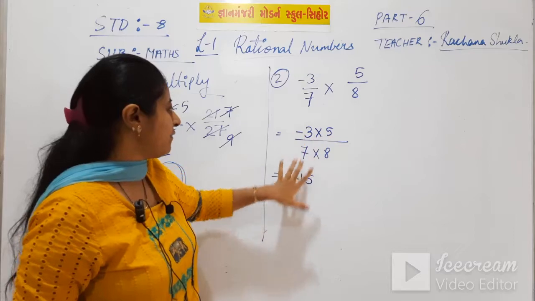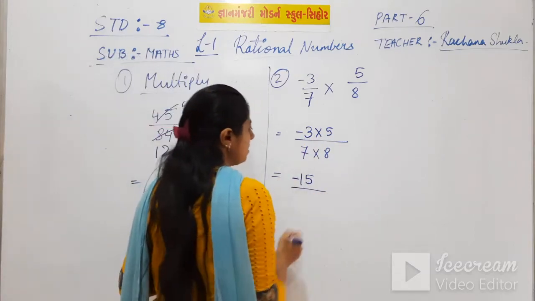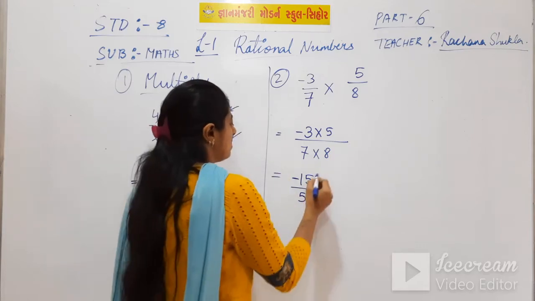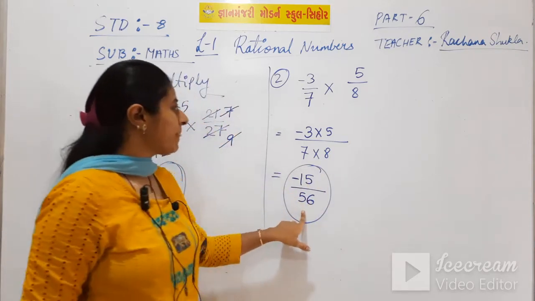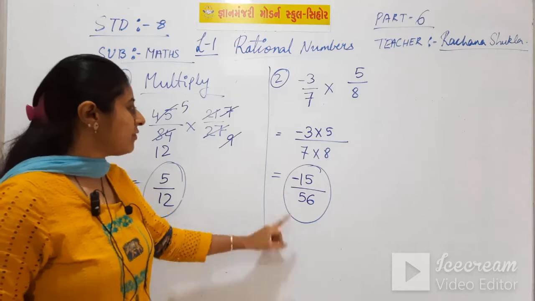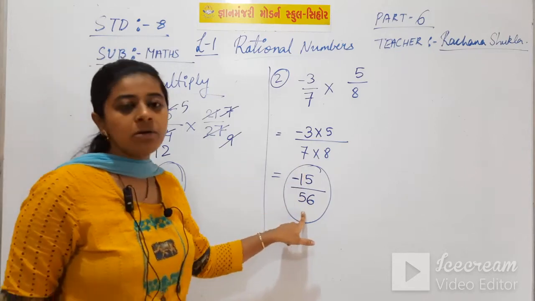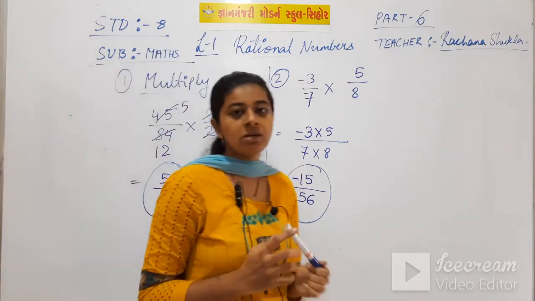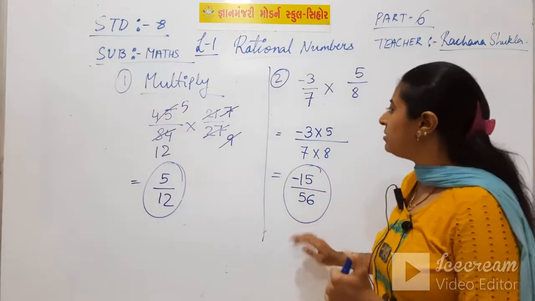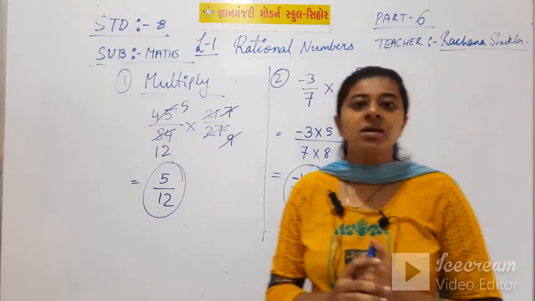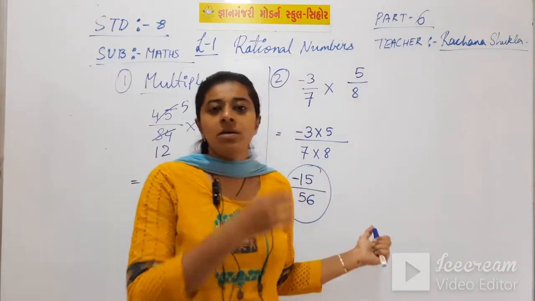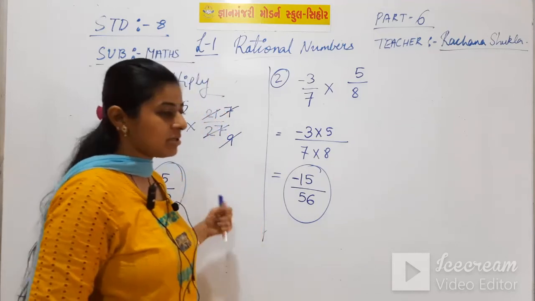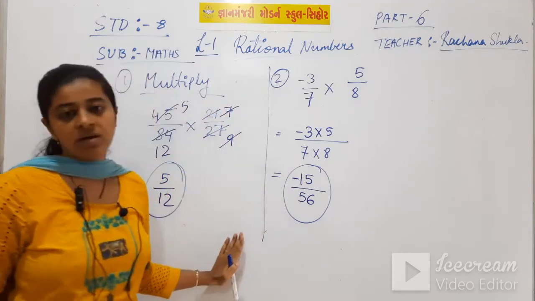So, 3 5s are 15, minus 15 upon 7 8s are 56. What is 7 8s? 56. So, your answer will be minus 15 upon 56. Okay, students? So, these were the two sums of multiplication. Actually, multiplication is very easy. Now, I will teach you properties of multiplication of rational numbers. Meanwhile, note down the sums.